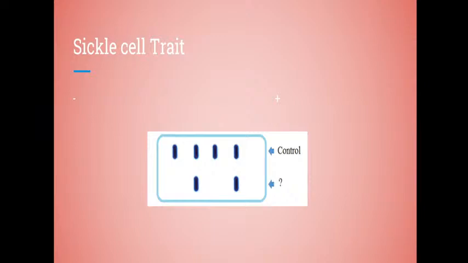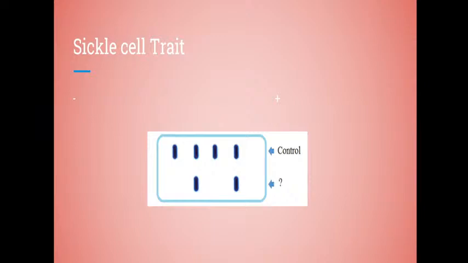Right? Why is this a trait? Because phenotypically, this will present as HBAS. Sorry, the correct nomenclature is HBAS, not HBSA ha. HBAS.